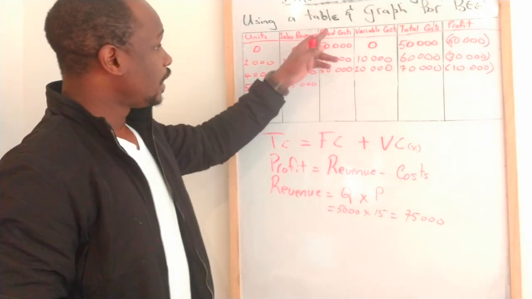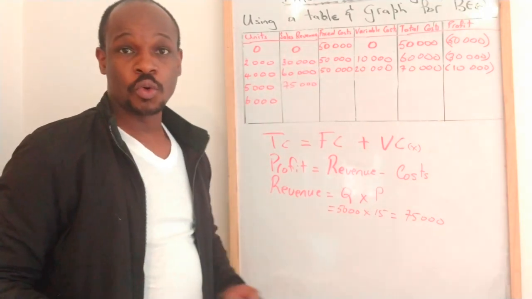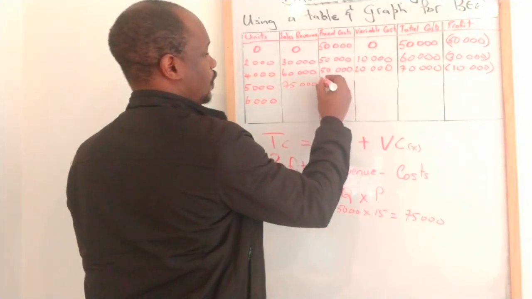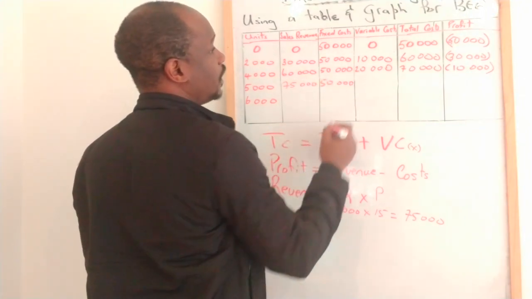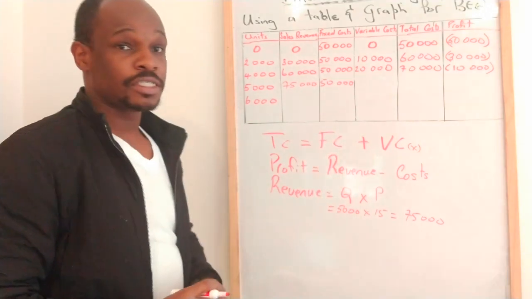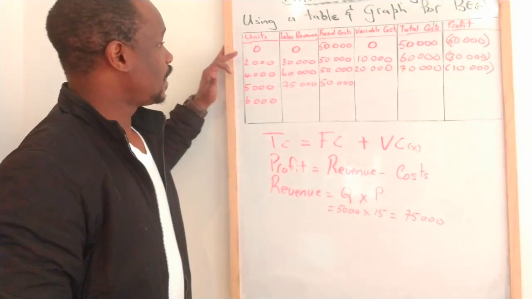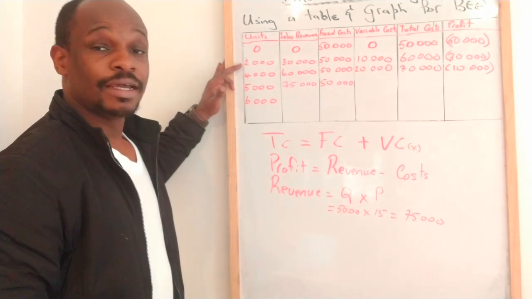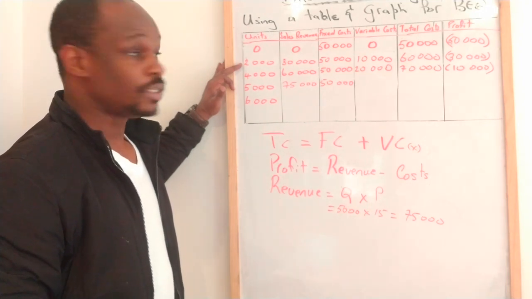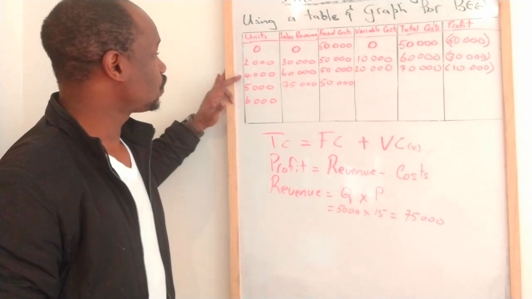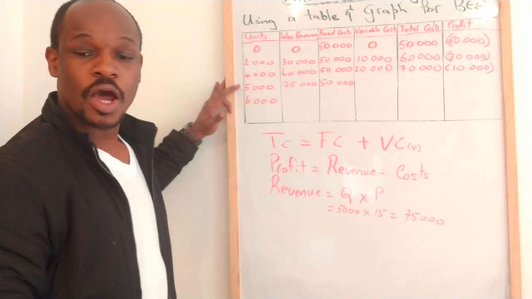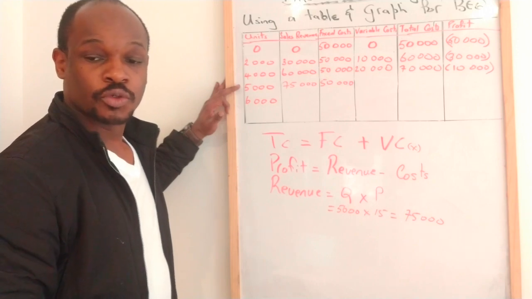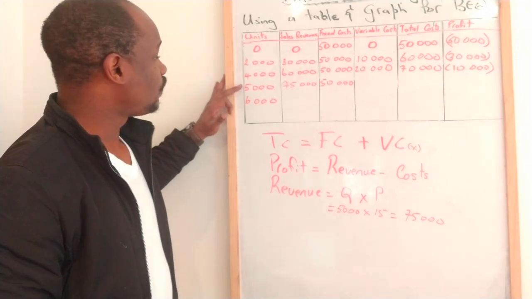Now, fixed costs, would that change? No, because fixed costs, it remains the same. All right, so we can put back our 50,000 here. Now, our variable costs, if it takes 10,000 to create 2,000 units, 20,000 to create 4,000 units, how much would it then cost us now to create 5,000 units?